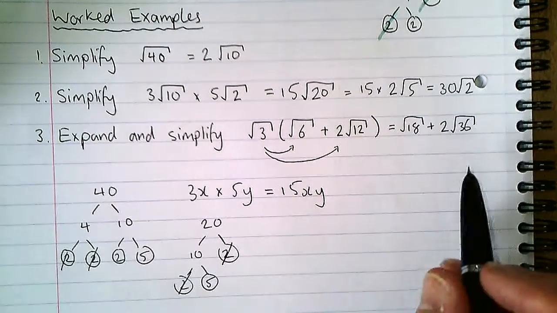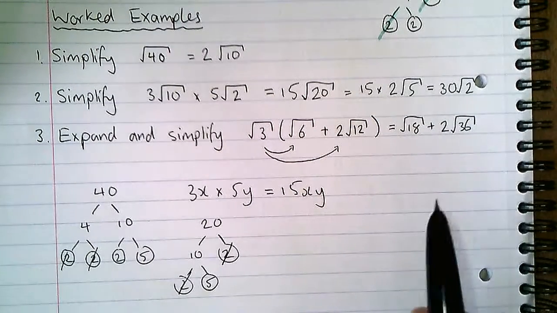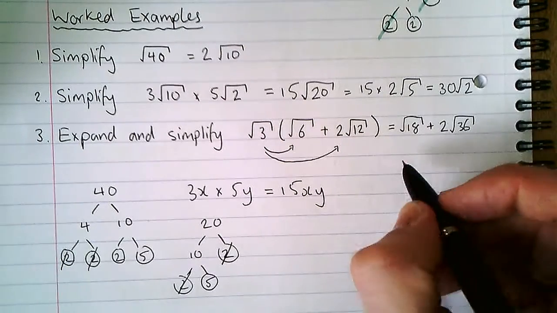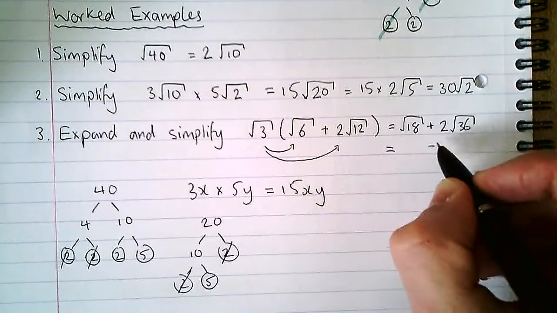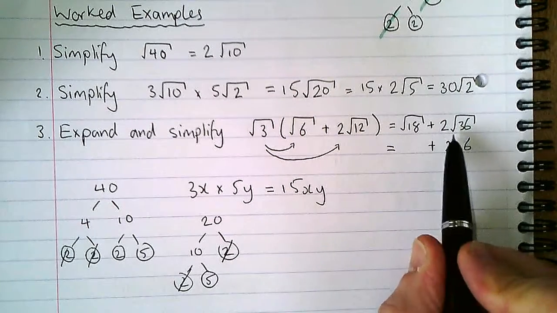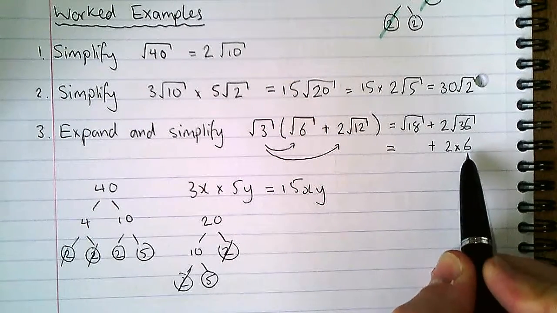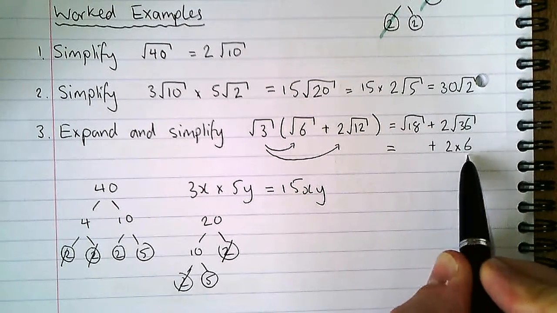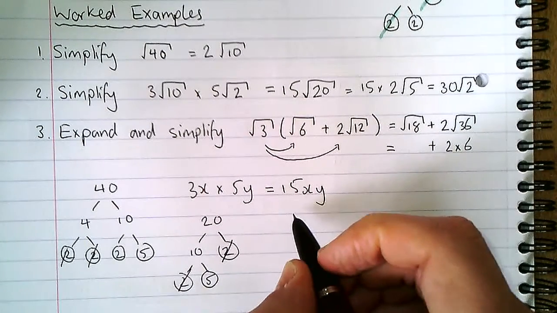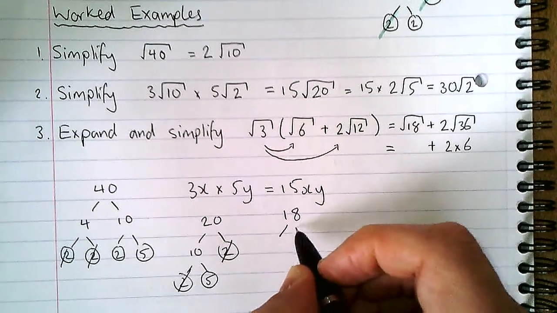Now again, both of these are reasonably large numbers. Hopefully you should notice that 36 is a square number, so this here will square root really nicely. So actually what we can write here is plus 2 multiplied by 6 at the end here, because the square root of 36 is 6. So we've got 2 times by 6 here at the end. Square root of 18, we need to simplify that down. So again, just down here where I've got some space to do some working, I'm going to write my 18 out.